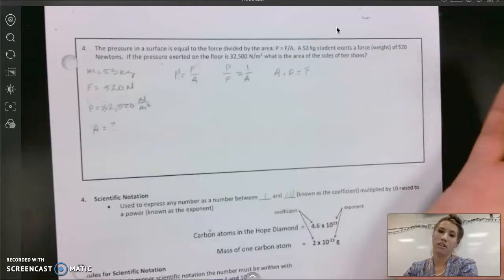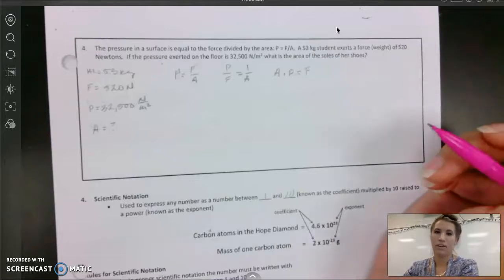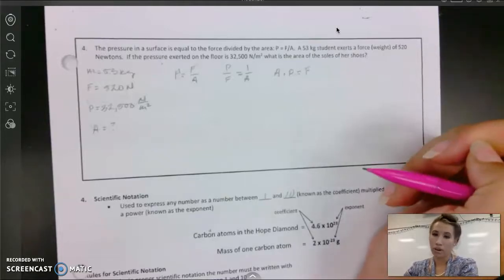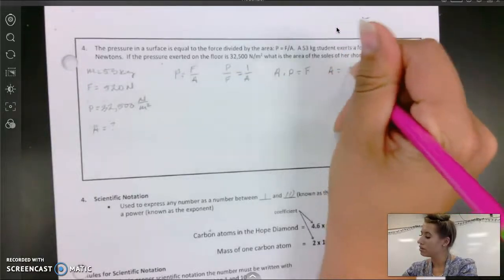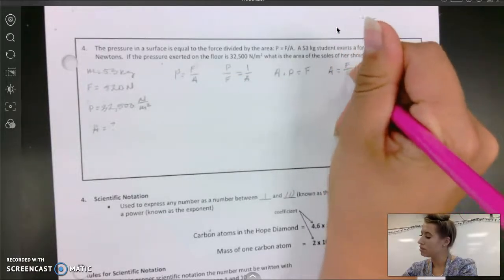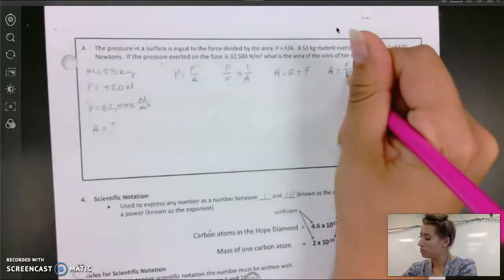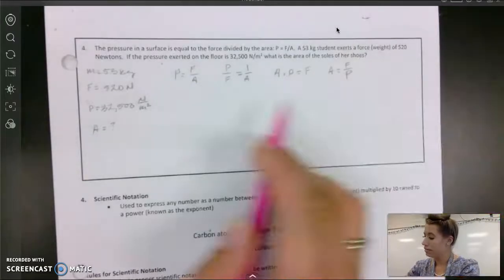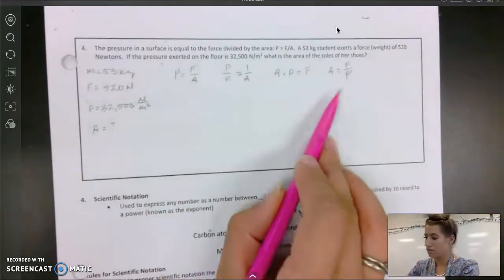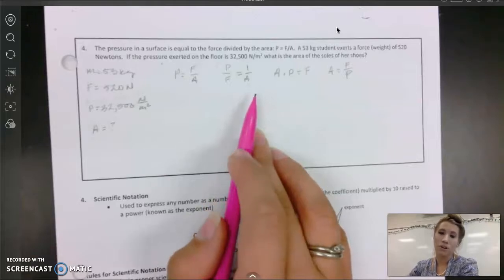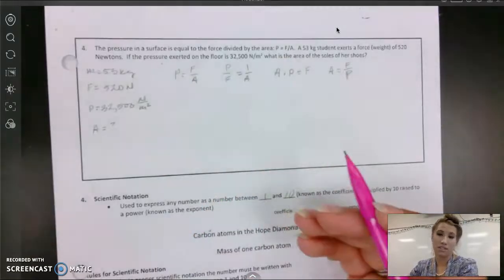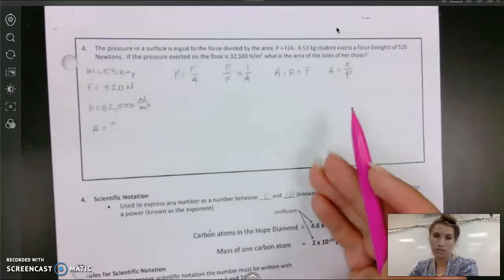Now that everything is on the top of the fraction, we're going to divide by the pressure to get the area by itself. So area is equal to force divided by the pressure. See, it's the inverse of this. And that would make sense because that is equal to 1 over A.